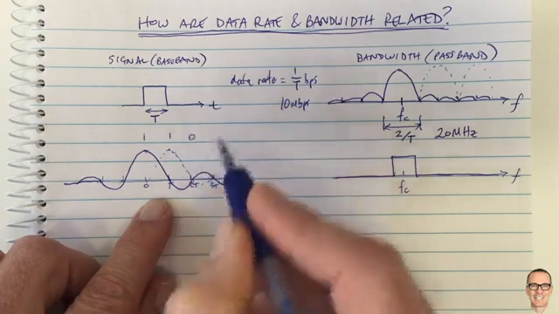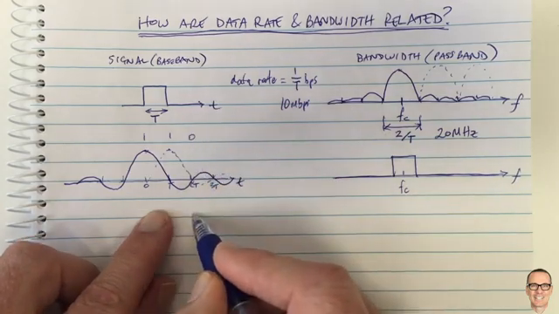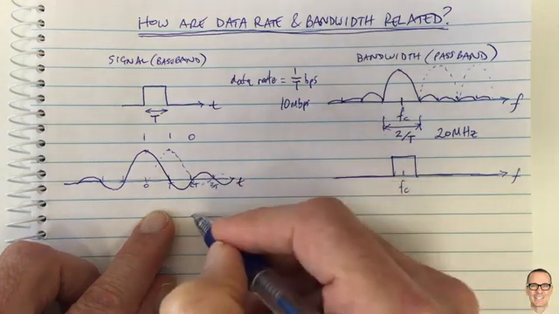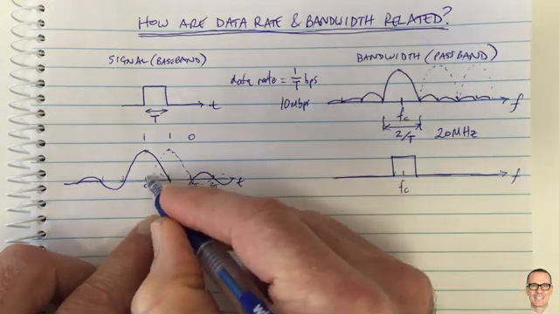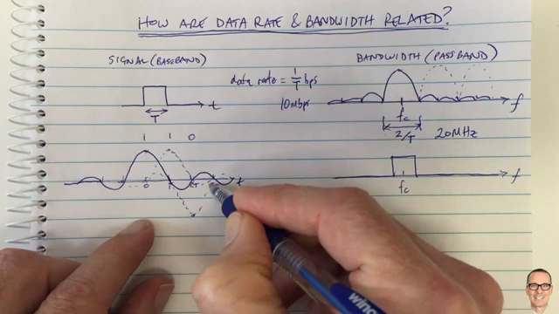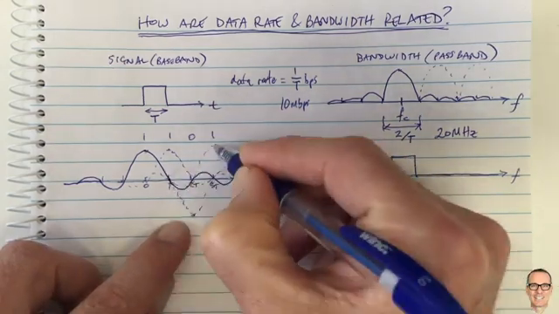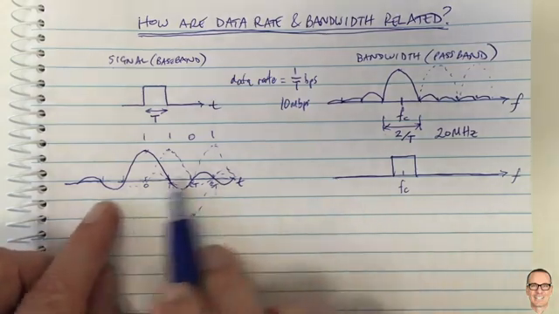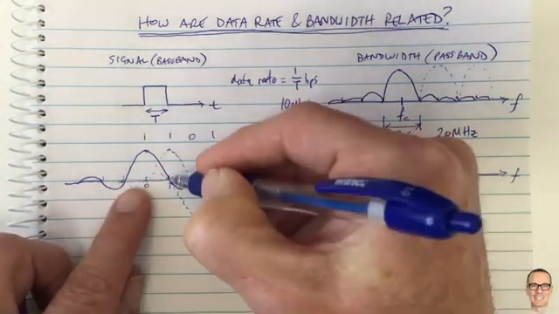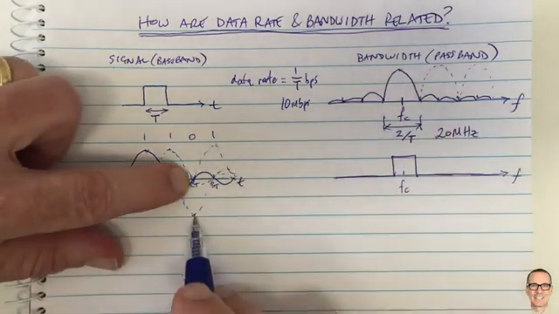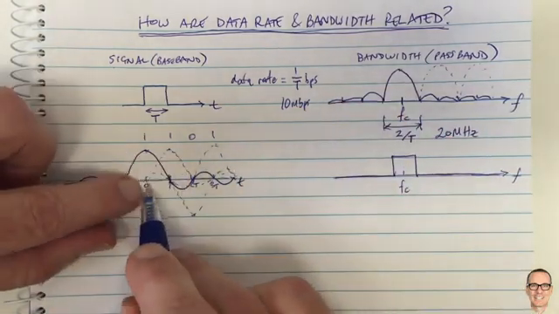If we followed by a 0, for example, then we would have maybe a negative 1 here if we're doing bipolar, plus and minus ones, so we'd have a negative waveform here, and then if we sent another one, another positive waveform here, and so on. In the time domain, we could be sending all of these, and at the sample times, there are no other signals interfering. It's just the signal that we want to be sending at that time.